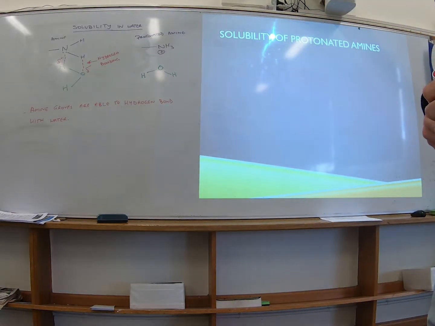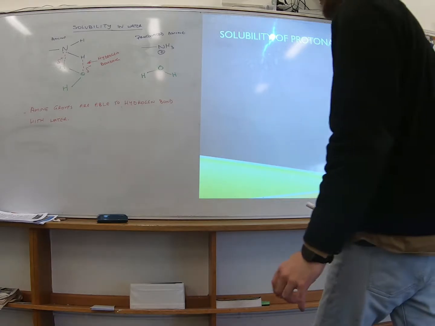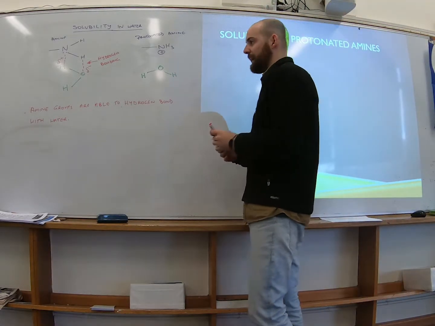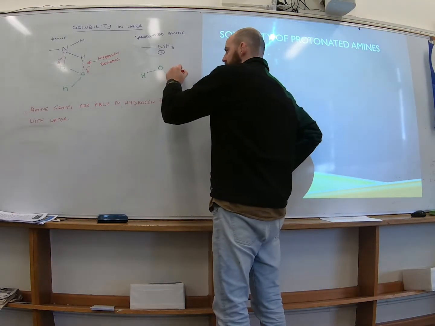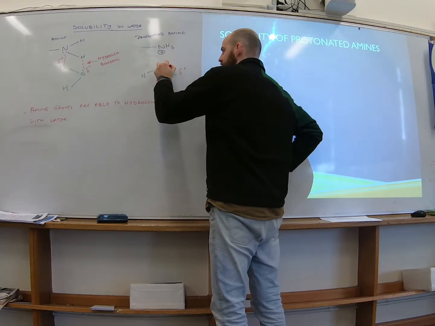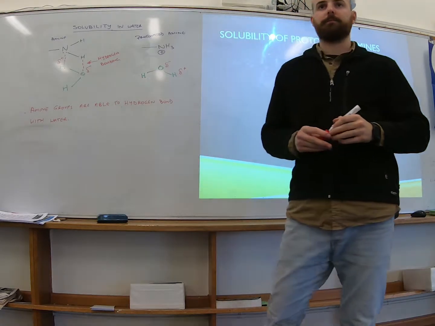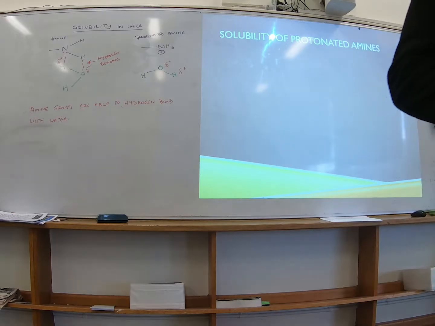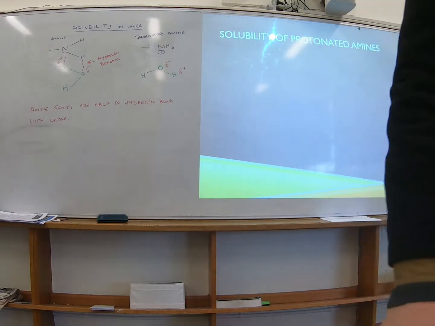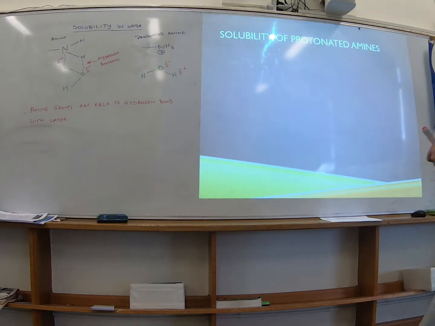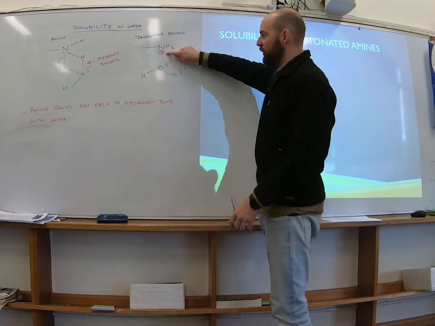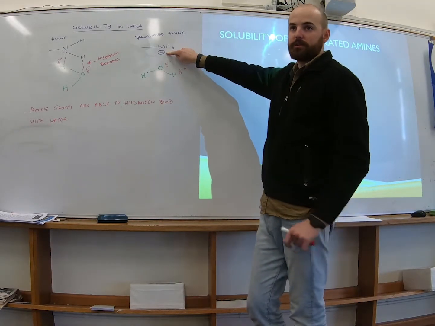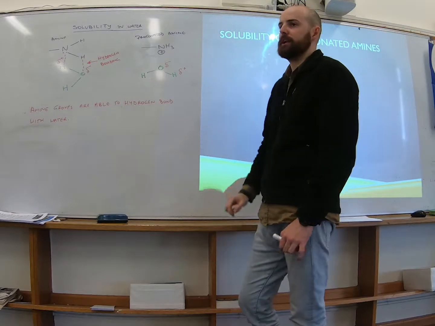Let's have a look at this protonated amine. Polarity for water is the same as it was over there. It's always the same: delta positive, delta negative. What do you think is going to happen between this full positive charge, an entire positive charge, and this partial negative charge?